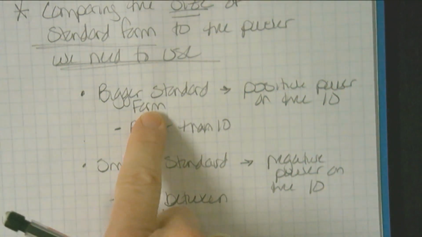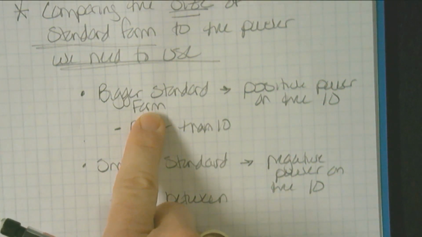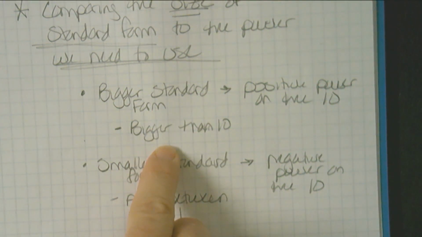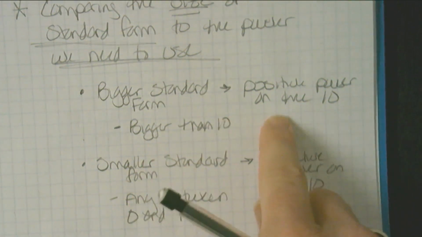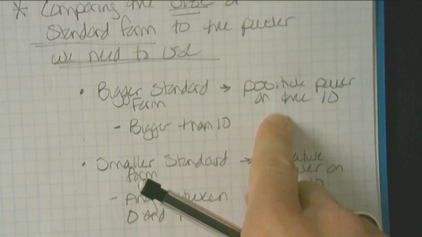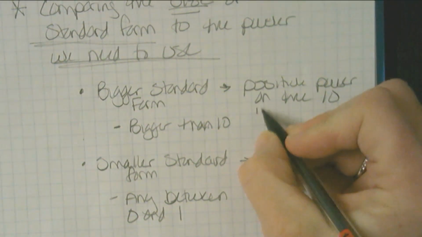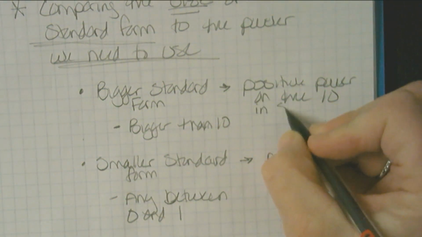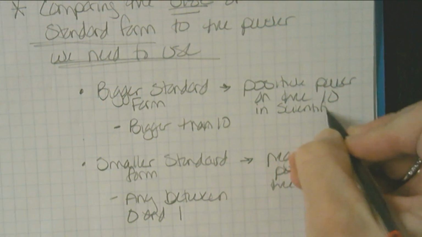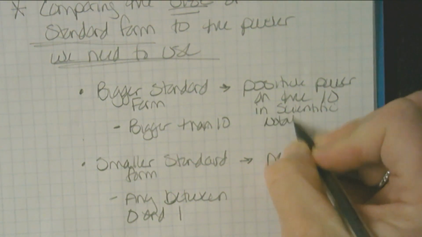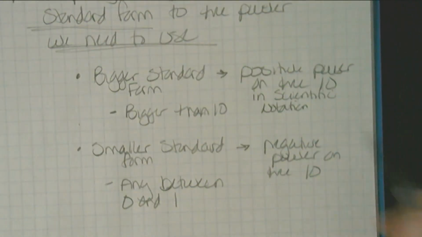So if our standard form is big, anything bigger than 10, we have a positive power on our 10 in scientific notation. So I'm just going to add that phrase there.